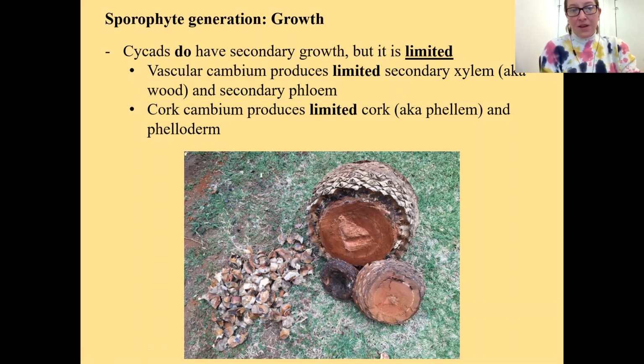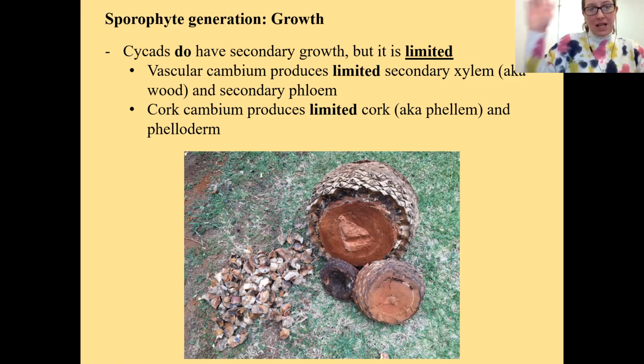And that's because they do have secondary growth, but they don't produce that many secondary tissues. So they have limited secondary xylem, limited secondary phloem, and limited cork and phelloderm. They do it, but they don't have as much as we will see in the other phyla that we'll cover.